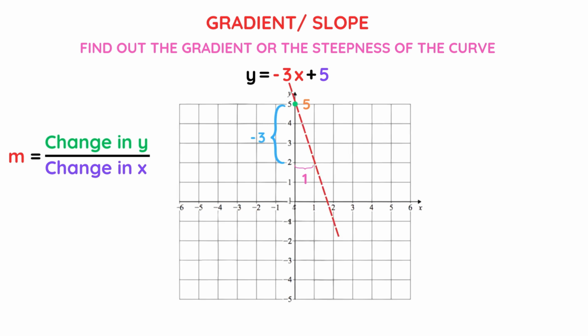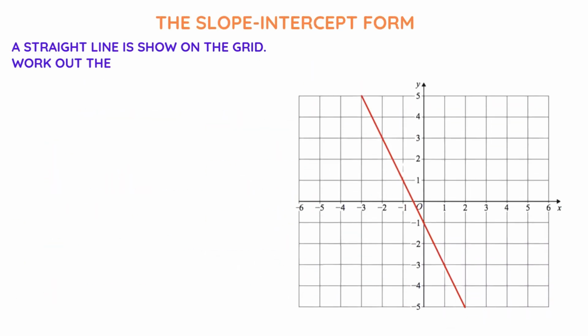Now, let us try to do a question. In this question, we are given a line and we are told to find out the equation of that line. We are going to do this question in two steps. For the first step, we need to find the y-intercept. Now, as you can see, this line crosses the y-axis at negative 1. It means the y-intercept of this line is negative 1.